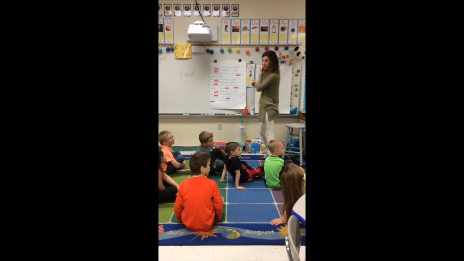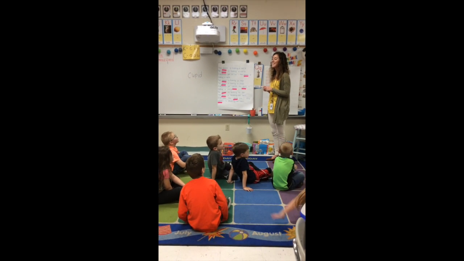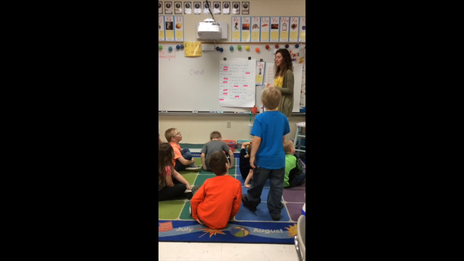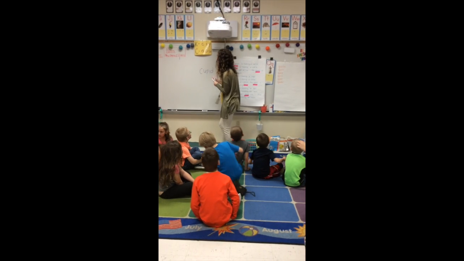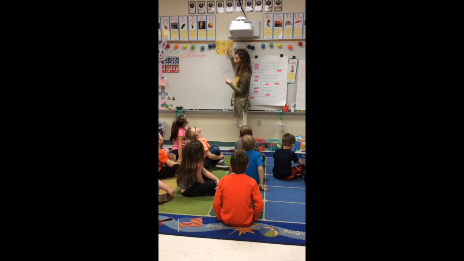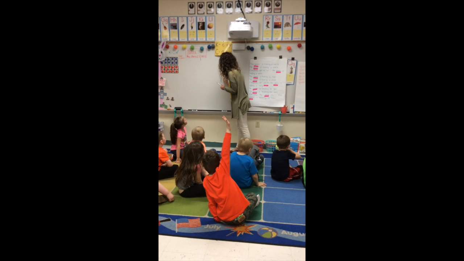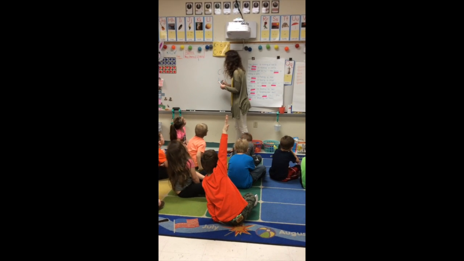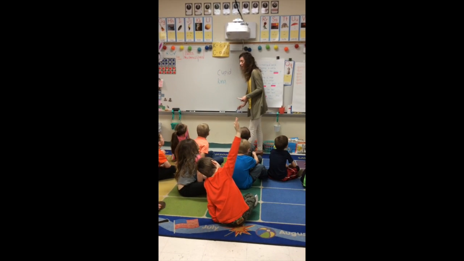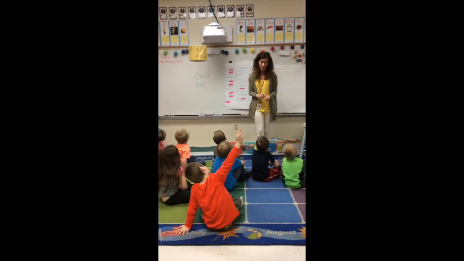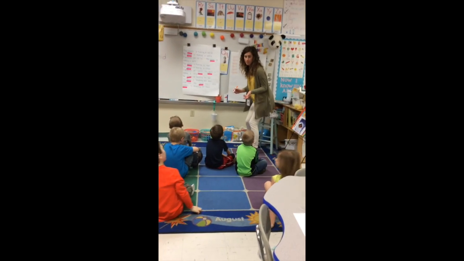Owen? King. Oh, king starts with what? C. It makes a k sound. K-I. Yeah, it's K-I. We've got to be careful with the k sound. We want to make the qu sound. Eli? Quite.